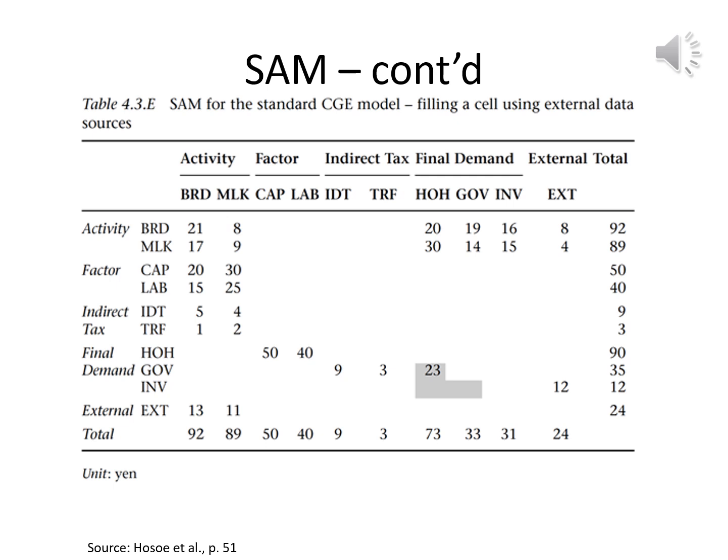We know total income is equal to 90, which is equal to the row sum for households. So the household is endowed with an income of 90, and 50 yen of this is spent on consumption of bread and milk. What happens to the remaining 40 yen?